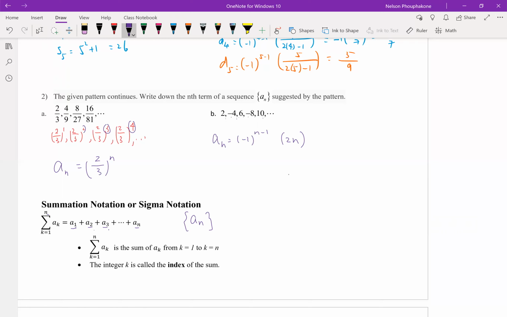So therefore, this is why I have a sub k right here. This is the function of a sequence.